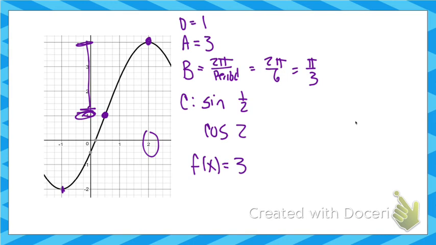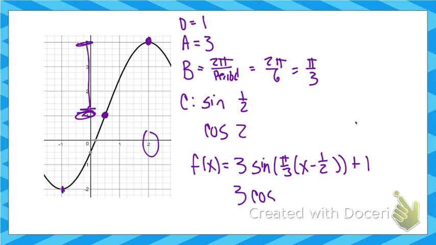So 3 sine (pi over 3)(x minus 1/2) plus 1, or 3 cosine (pi over 3)(x minus 2) plus 1. Again, the only numbers that are different between sine and cosine are those two right there. All right, so that is it for transformations. We'll have our quiz first, but after that we will start to actually draw these graphs and use what we learned today.